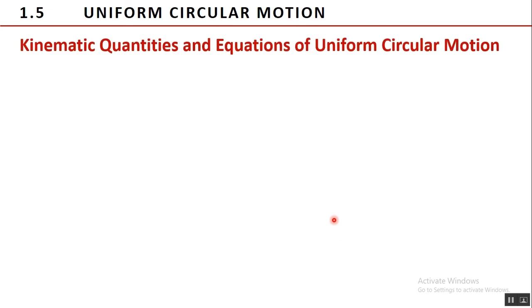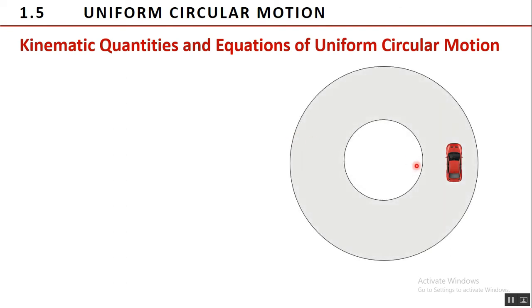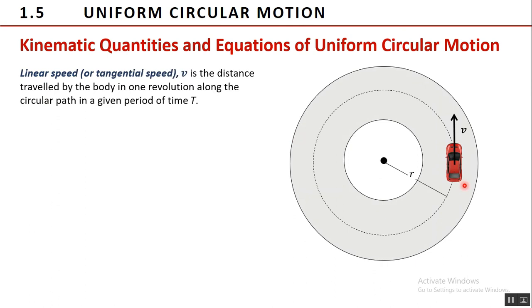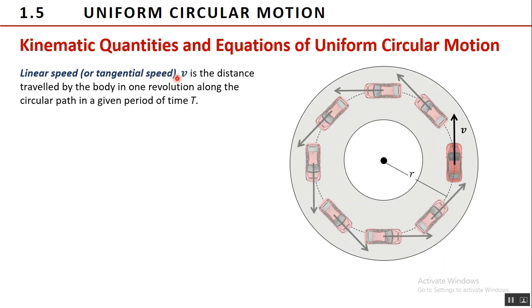Now I will discuss to you the kinematic quantities and equations for uniform circular motion. Imagine a car moving at constant speed on a circular track of radius r. We call this speed the linear speed, denoted by letter v. It is the distance traveled by the body in one revolution along the circular path in a given period of time t.